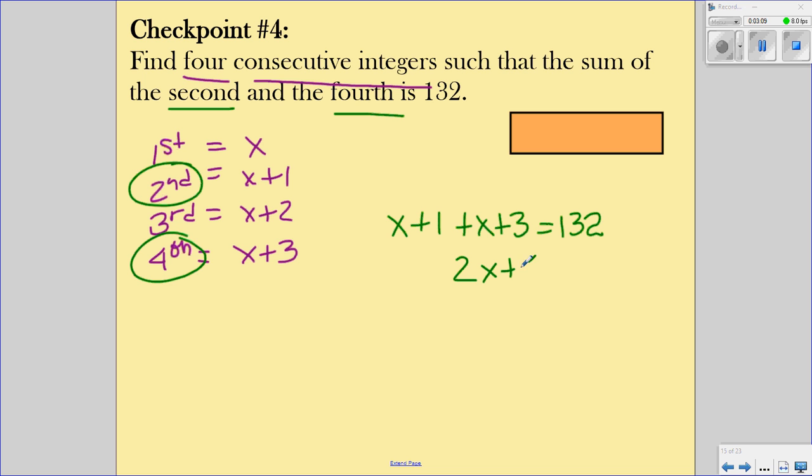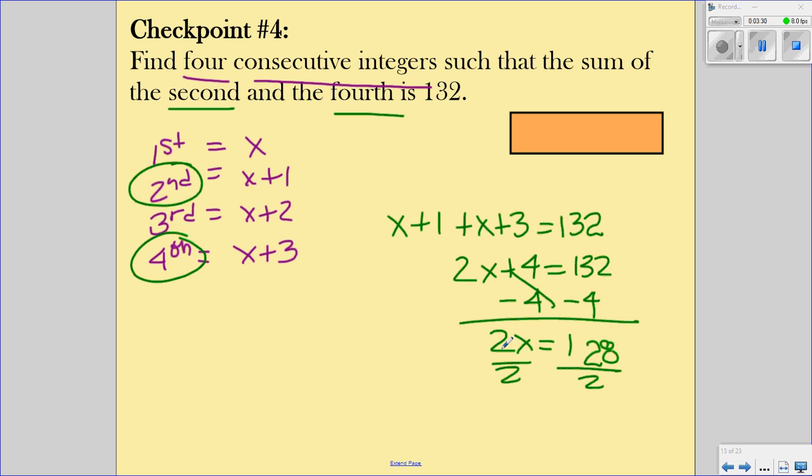Again, you combine your like terms, use your properties of equality. So you subtract 4 on both sides, and then you'll get 128. And divide by 2, and then this would be 64. Go back up here and start plugging in to find the numbers.